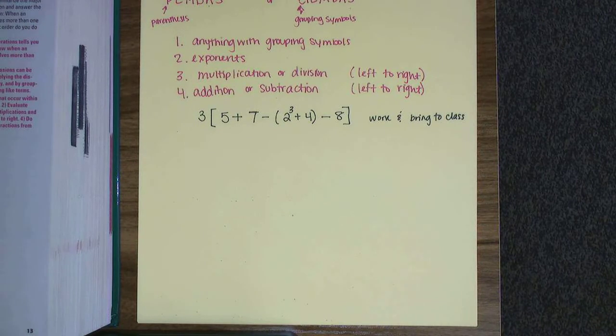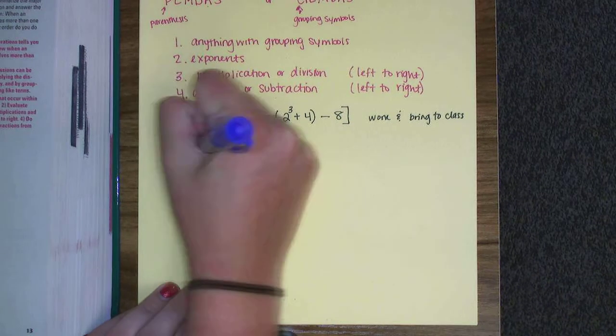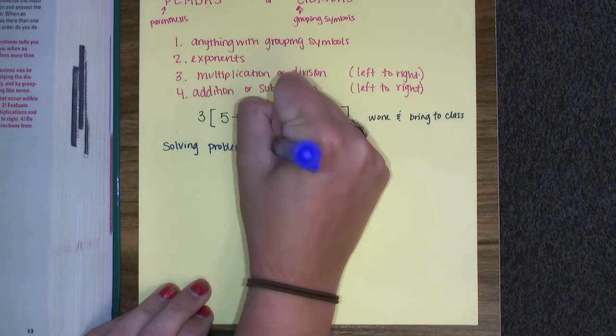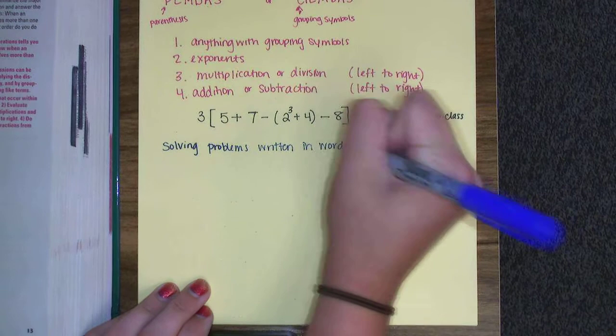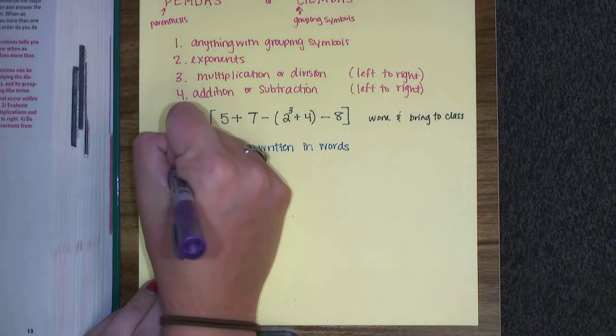If we are solving problems written in words, we have 3 steps, and we'll go over examples doing this.